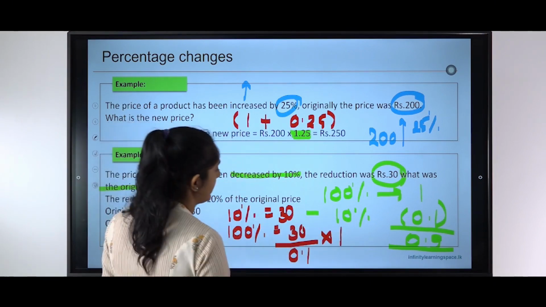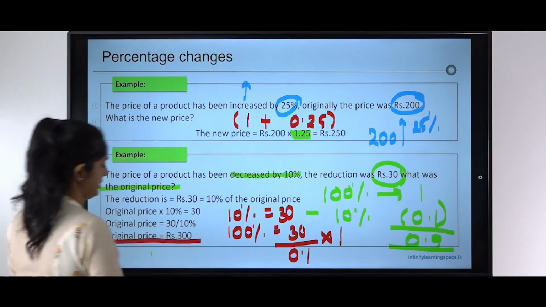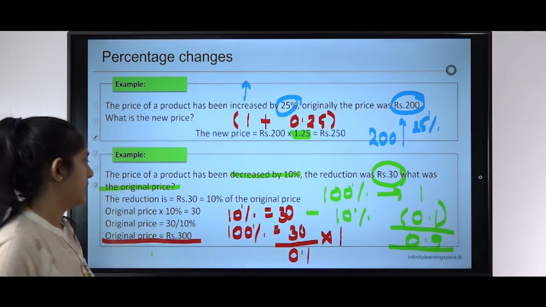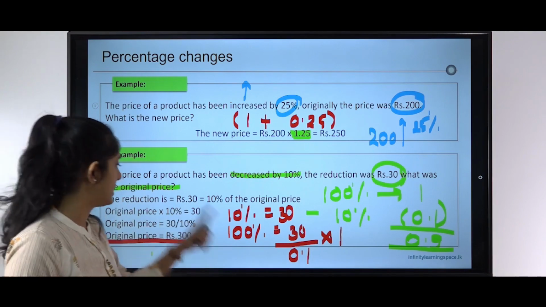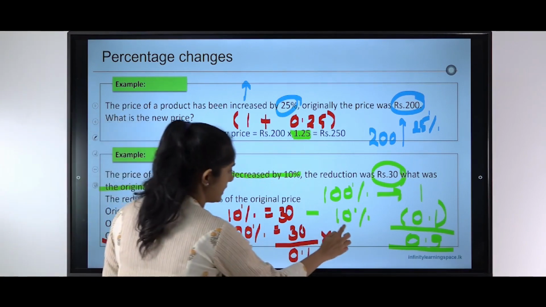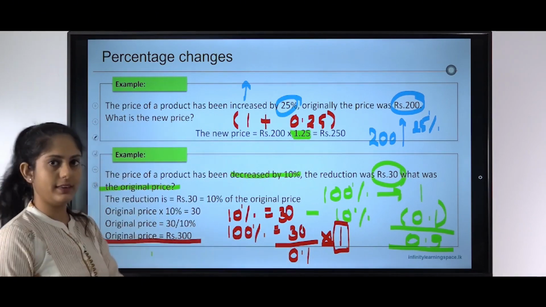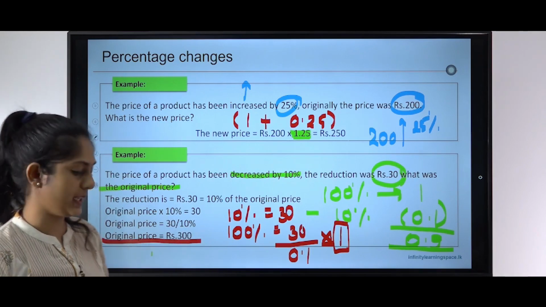So you will get rupees 300, right? 30 divided by 10%. Or you can say 30 over 10% into 100%. 100% is 1, right? That's what I showed here. 100% is 1. So, you can ignore the 1. No problem. So, you'll get the original price as 300 rupees.